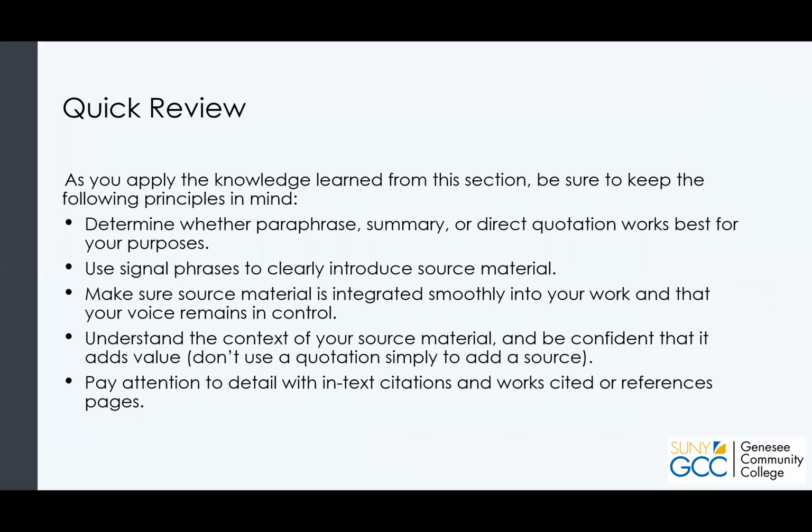Make sure source material is integrated smoothly into your work and that your voice remains in control, that you remain the authority. Understand the context of your source material and be confident that it adds value. Don't use a quotation simply to add a source. Pay attention to detail with in-text citations and works cited or reference pages.